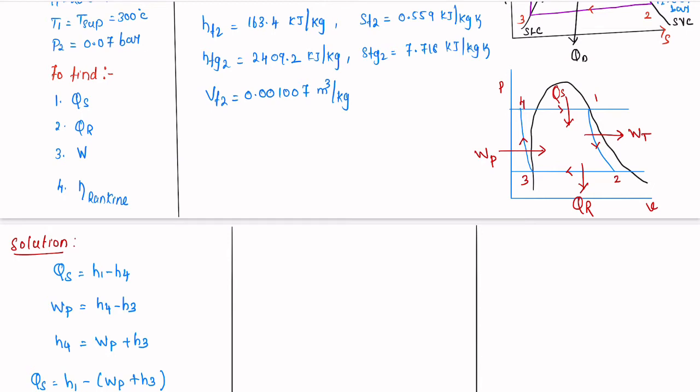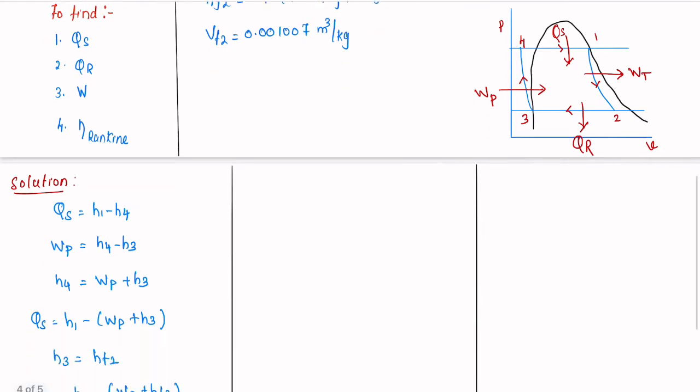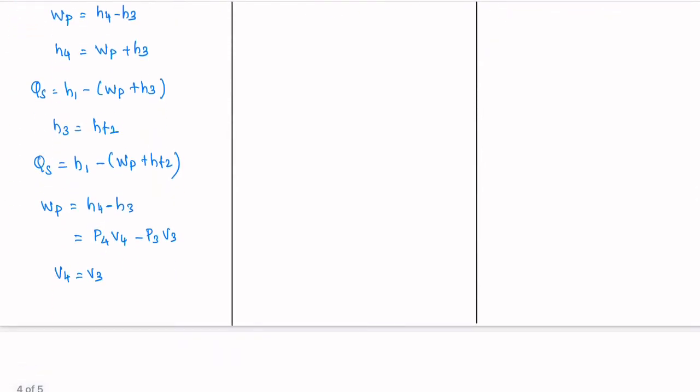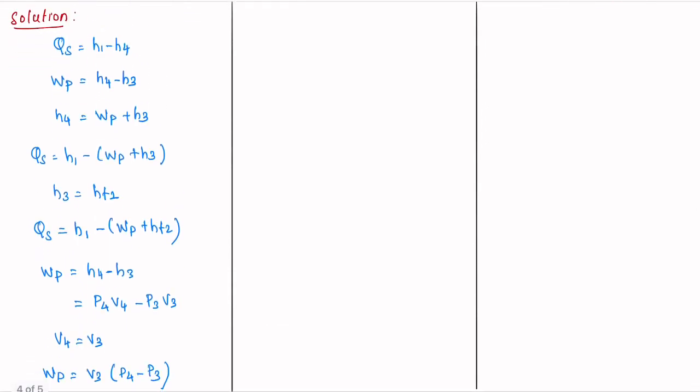Therefore, you can write the equation as WP is equal to V3 into (P4 minus P3). And we know that V3 is equal to VF2, so WP can be written as VF2 into (P1 minus P2).